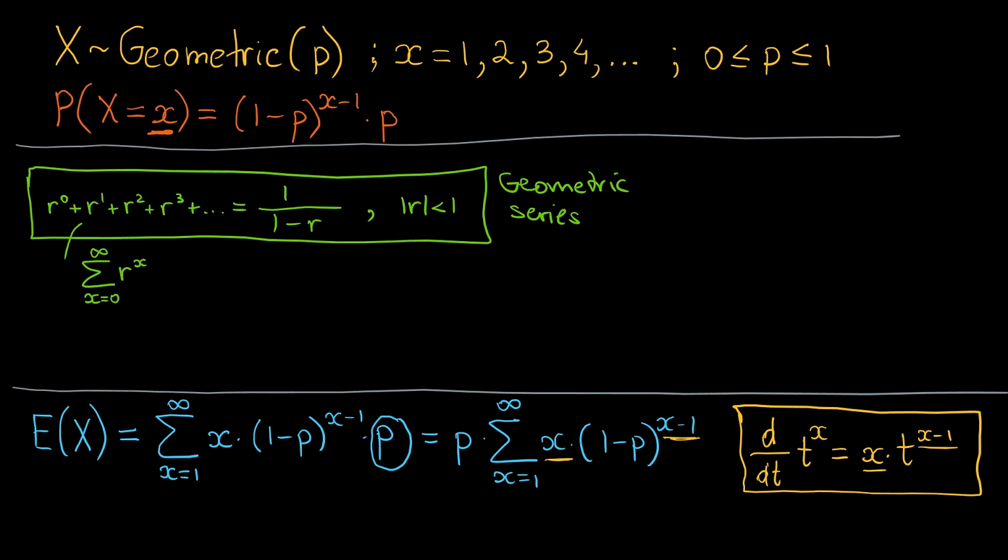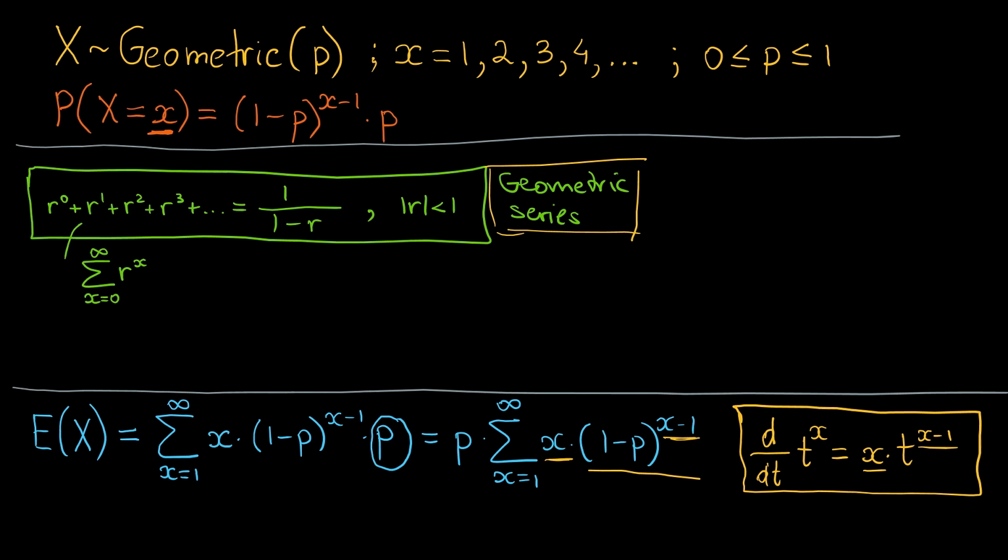And then this kind of looks like a geometric series, right? So eventually we may arrive at the brilliant idea of taking the derivative of both sides of this geometric series identity. Okay, so let's try doing that.